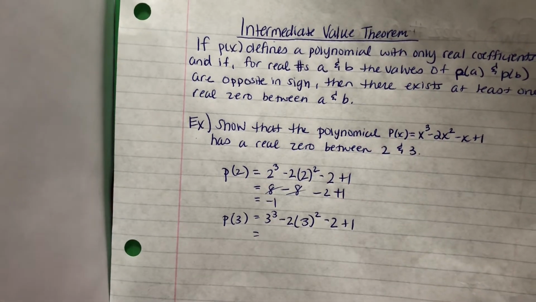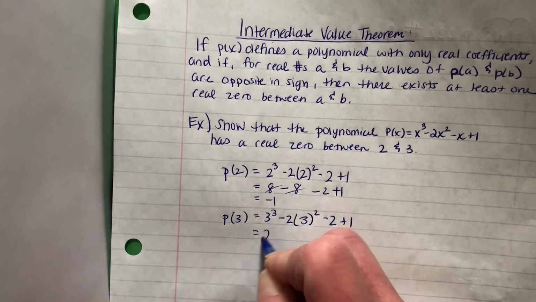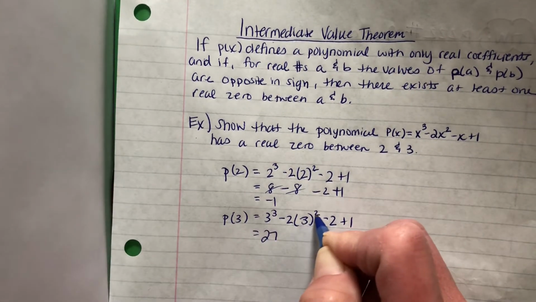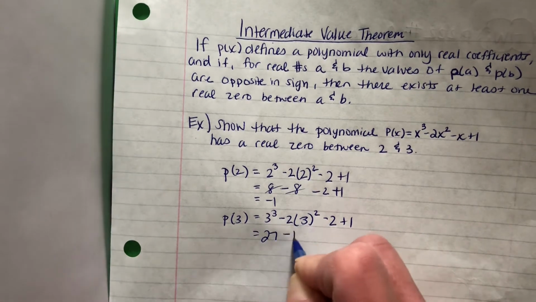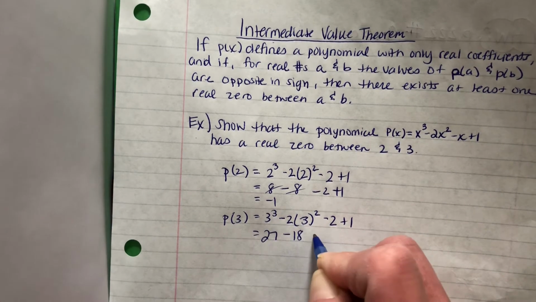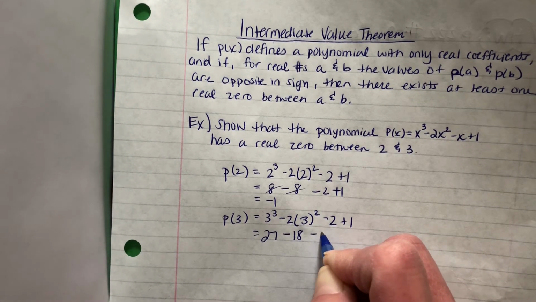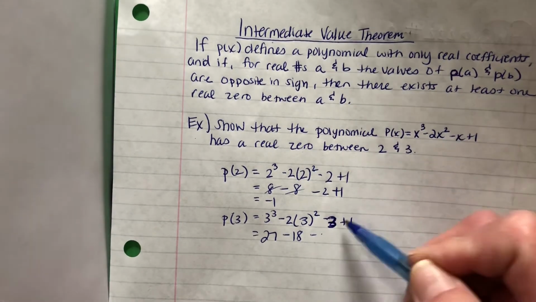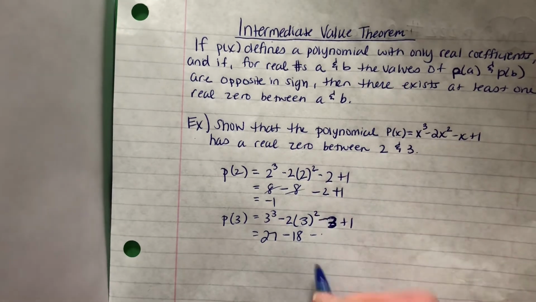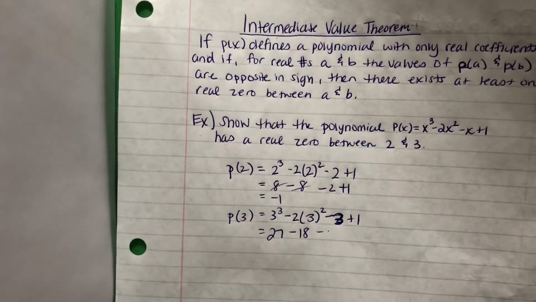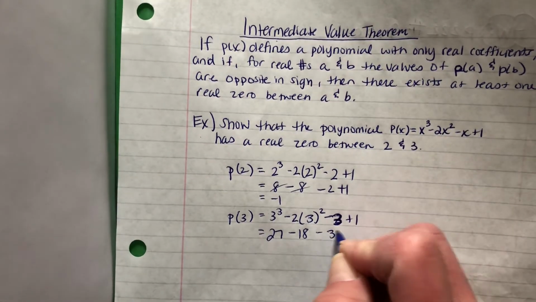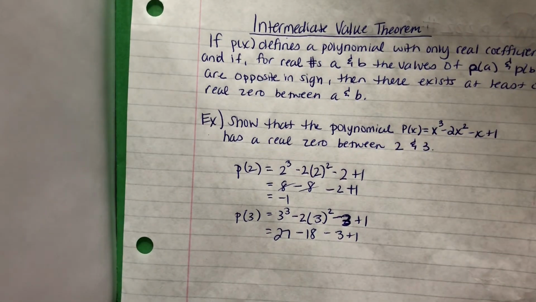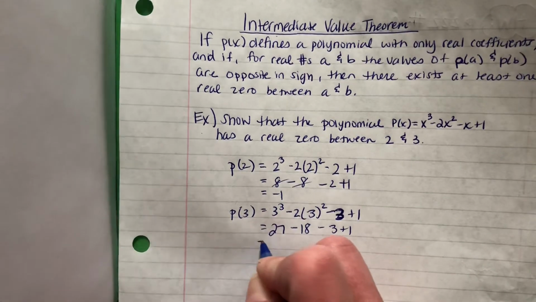So now if I do p of 3, 3 cubed is 27, 3 squared is 9, times negative 2 is negative 18, minus, oops, that should say a 3, my friends. That should be a 3. I replace the x with a 3. And plus 1. So if I do all that math together, that'll come out to 7.